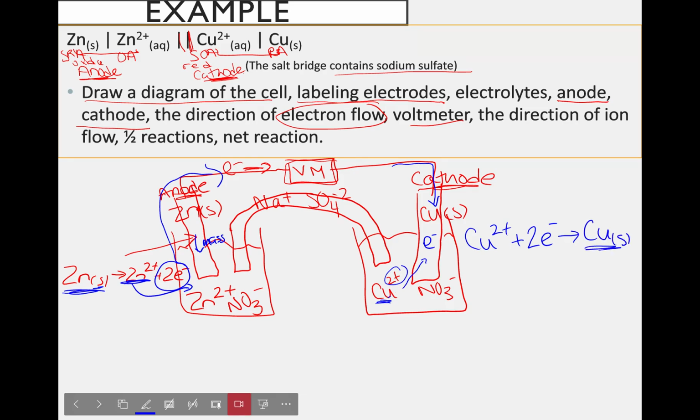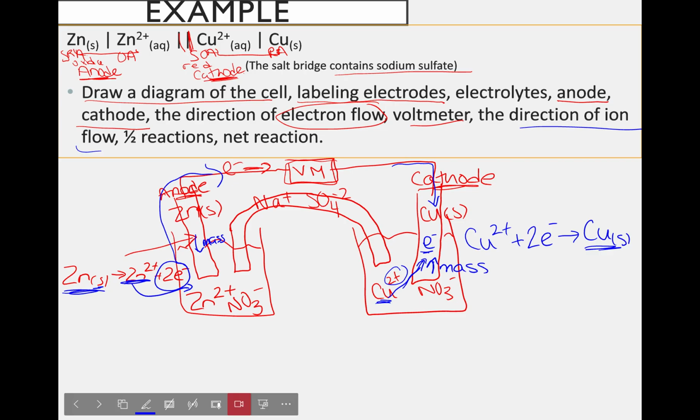So coming out of solution, joining with those electrons, and then adding mass to the original copper that was there. So far we have the direction. We also have added on what's increasing and decreasing in mass.